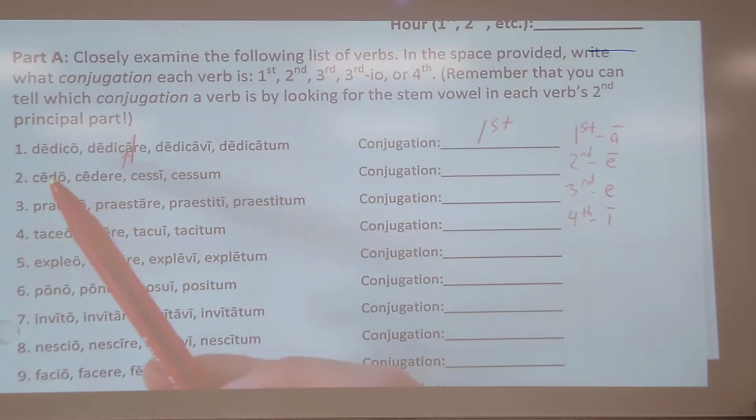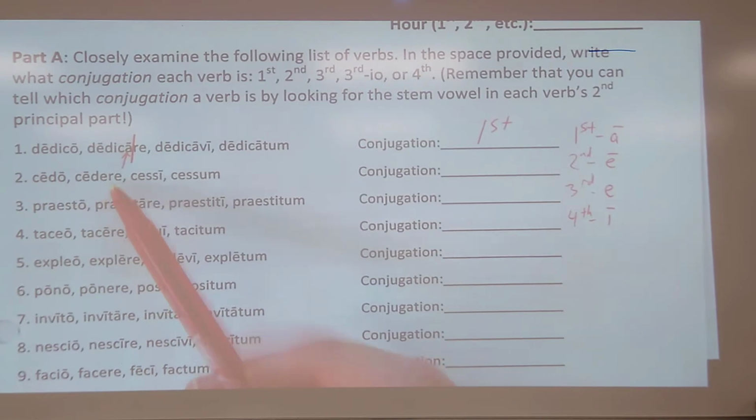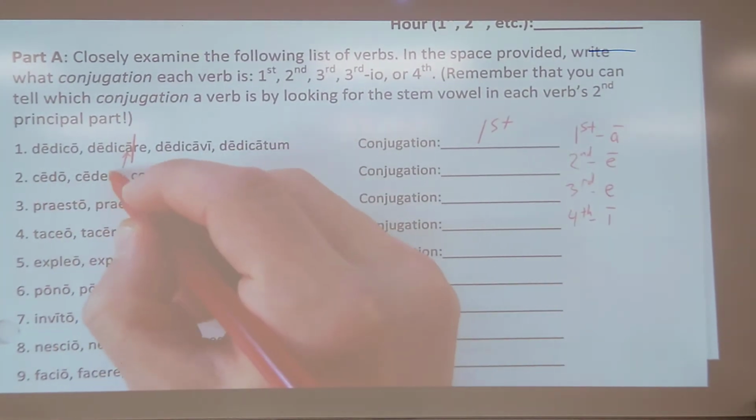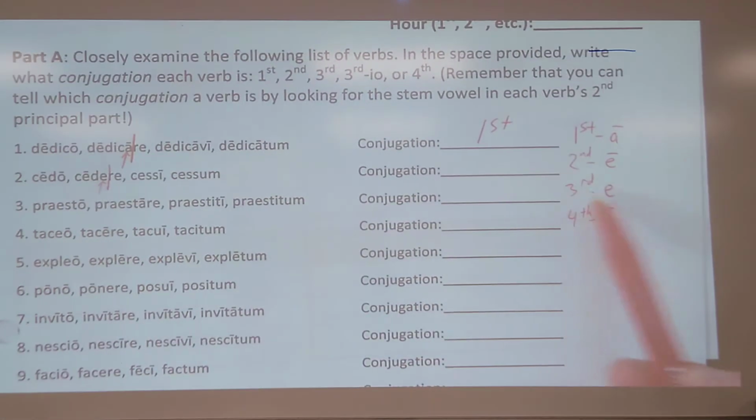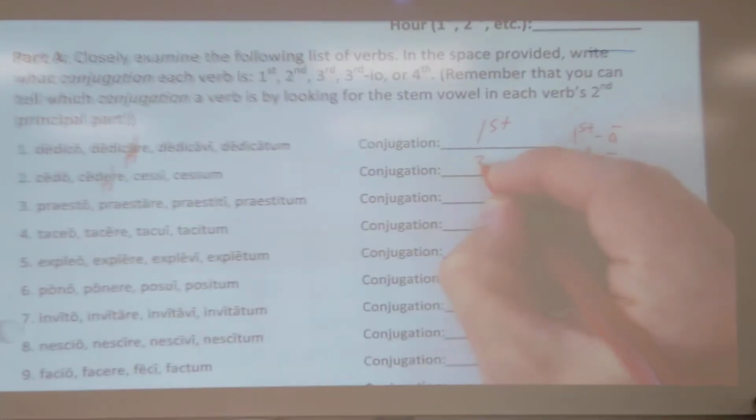Next verb, cato, catere. We go to the second principal part, chop off the RE, and see we have a short E. Short E, third conjugation.